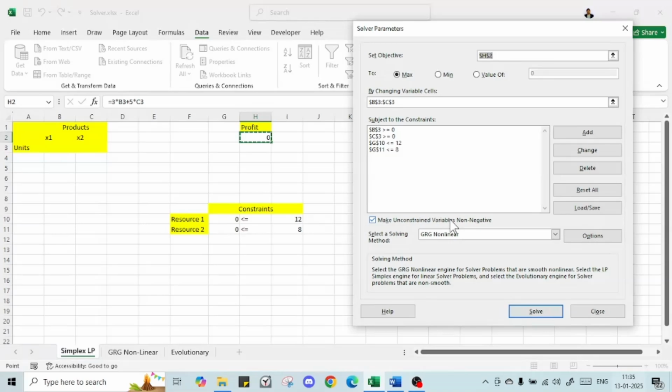Here, "Make unconstrained variables non-negative" depends on the question you are solving, so it is not a problem to leave it, but when the question requires it, you have to uncheck it. We are using the Simplex LP algorithm, Simplex Linear Programming, and we are solving it.